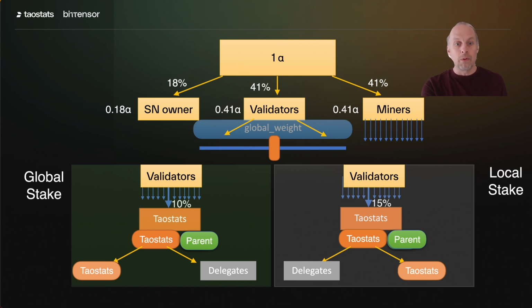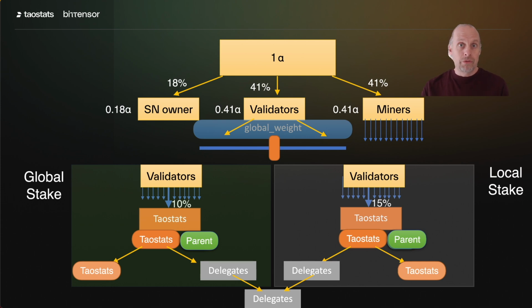They take 9% of the proceeds, so the remaining 91% go to the delegates. And that's split up into a global delegate take and a local delegate take. And then those two numbers are added together for the entire delegate take for this subnet.